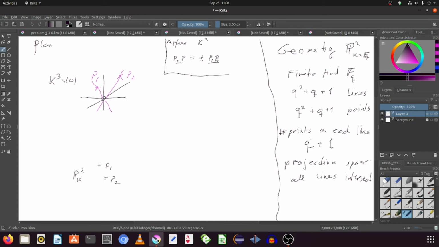Now, the idea I had was to take the 2 points here and then let them span a plane through the center. And then we project that plane, oh, that's silly.